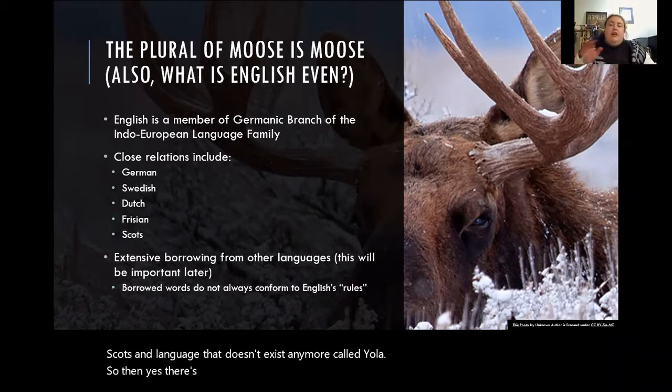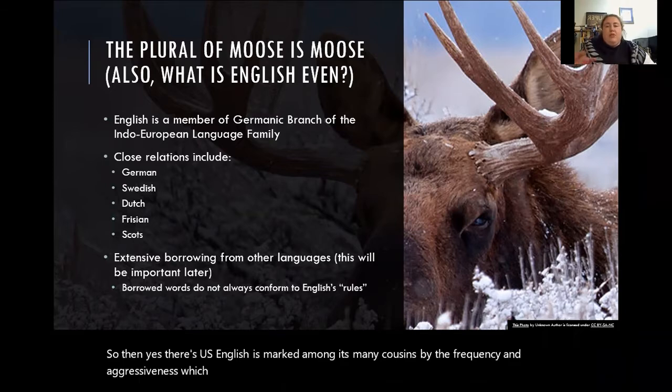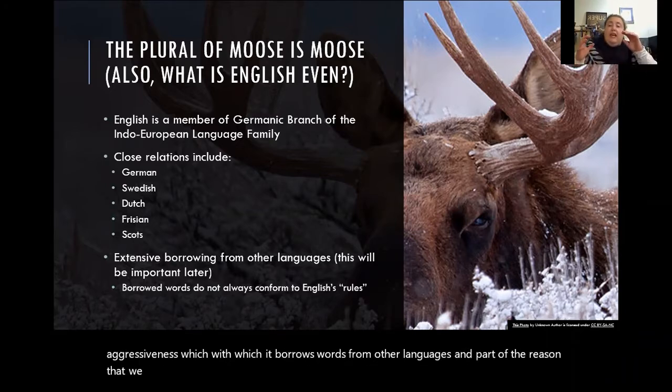English is marked among its many cousins by the frequency and aggressiveness with which it borrows words from other languages. Part of the reason we do this is because it's incredibly easy to do in modern English, because modern English is not an inflected language.